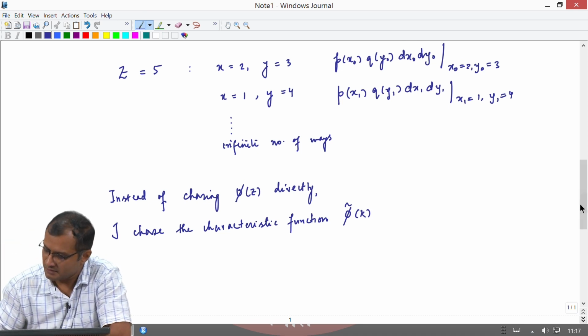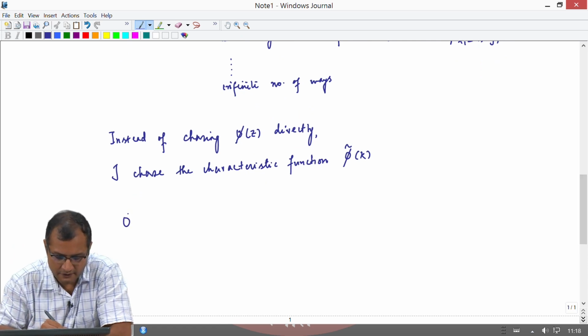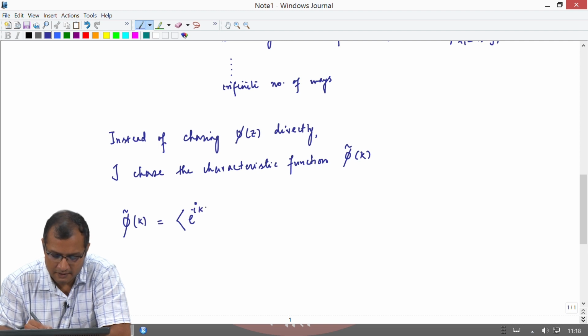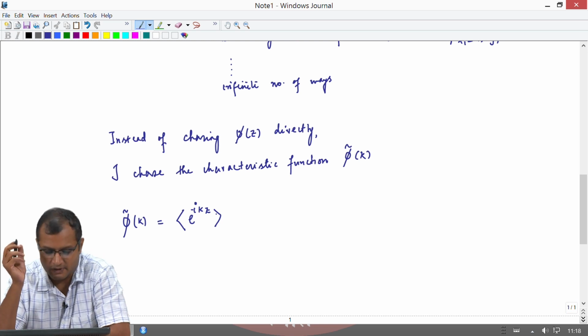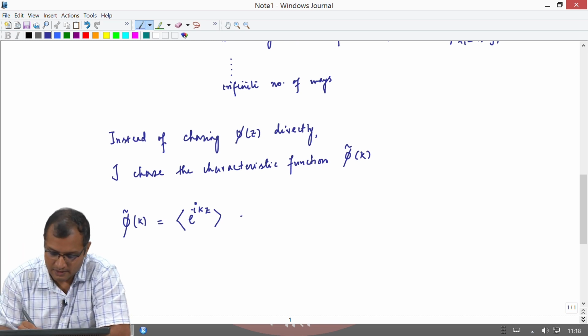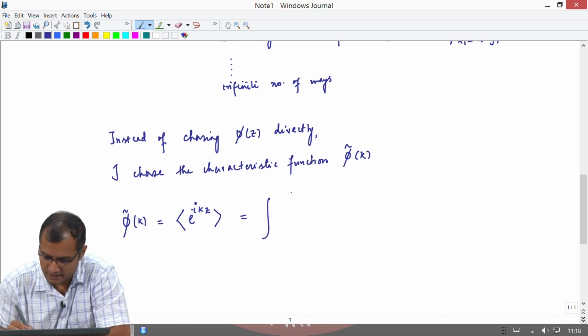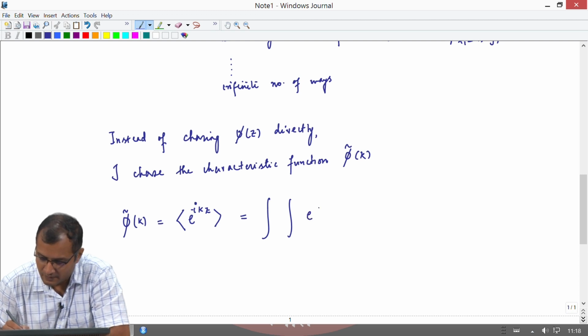So, let me find out the characteristic function. Now, I know that the characteristic function of the z distribution is nothing but the average value of e to the power minus i k z, that is the definition of the characteristic function. This is nothing but the average value of the complex exponential, and naturally I have to take it over the distribution of x and y.